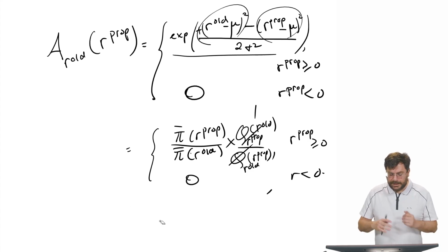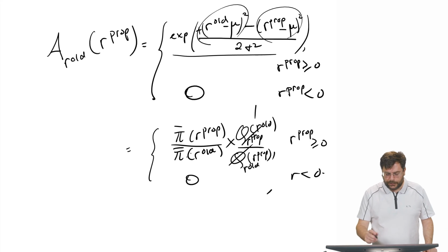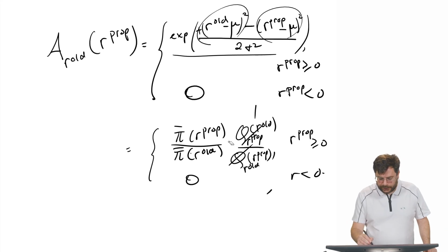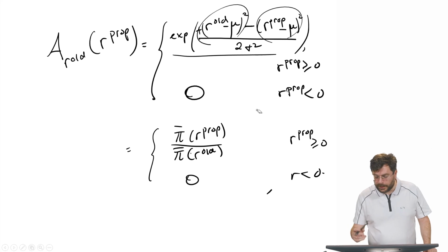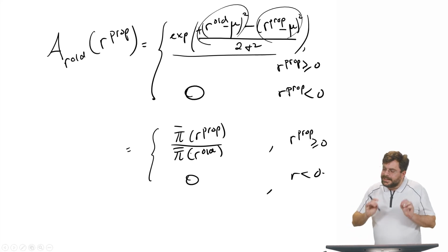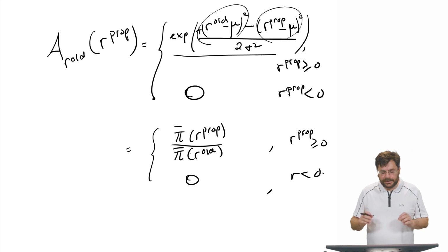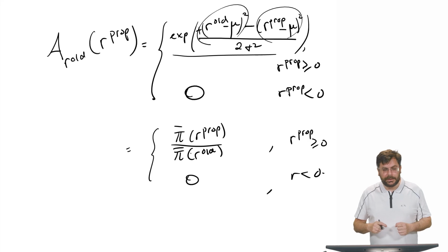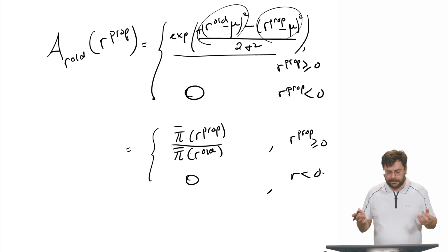So then the acceptance ratio simplifies to just the ratio of target distributions. I don't need to write multiplied by 1. This very specific case of selecting a symmetric proposal distribution, where the ratio of proposal distributions cancels, is called Metropolis sampling.